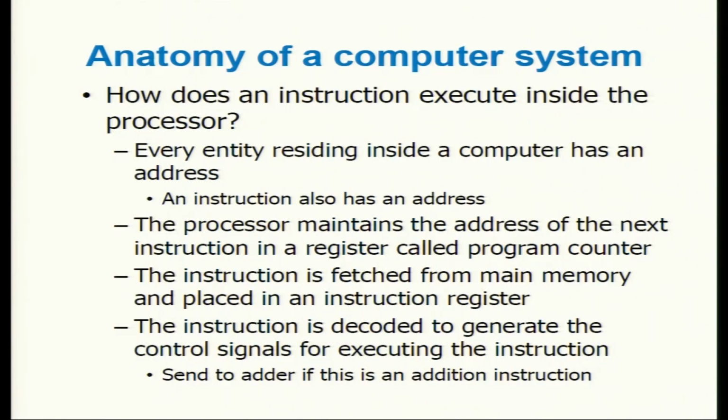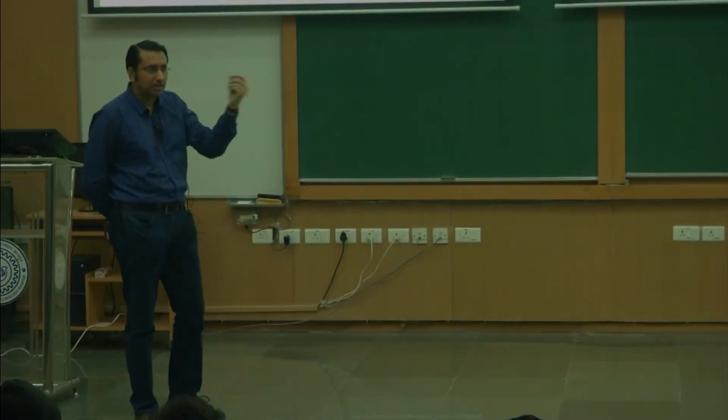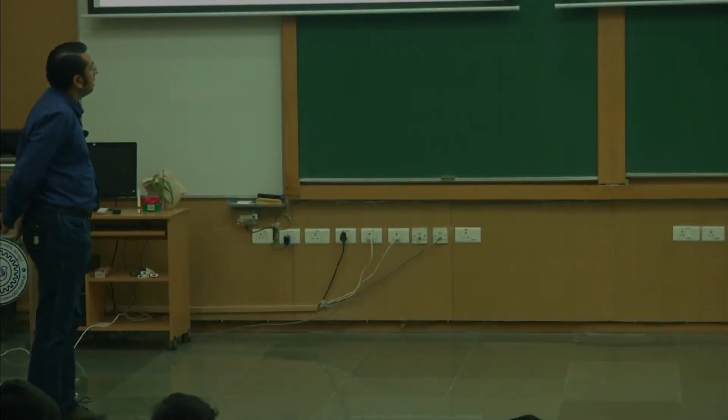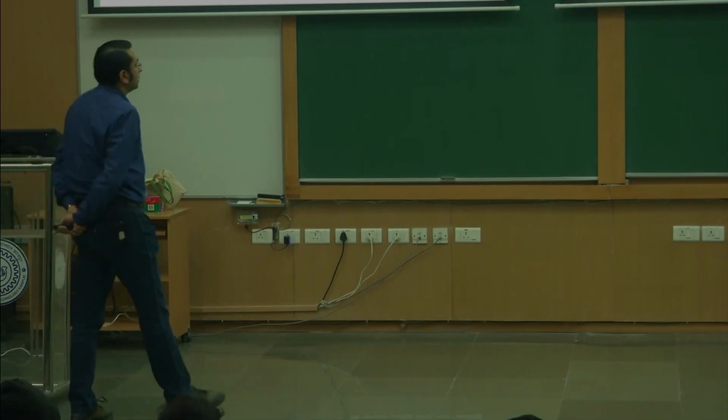The instruction is fetched from main memory and placed in an instruction register. The instruction is decoded to generate the control signals for executing the instruction. For example, if it's an addition instruction, you need to send the instruction to the adder, activate the adder, get the work done. So these are the signals that the decoder is supposed to generate after decoding the instruction.